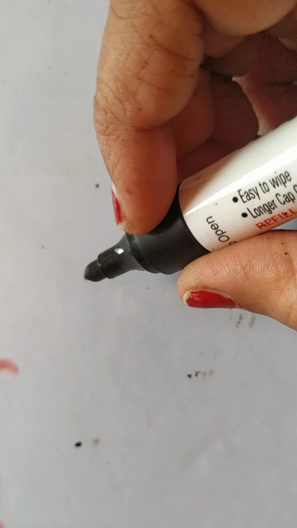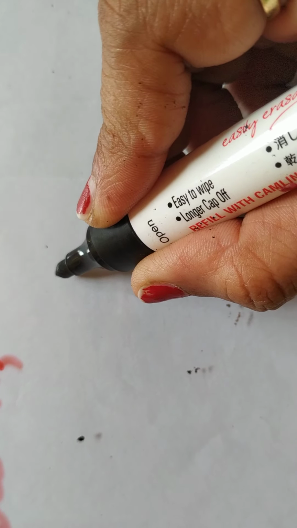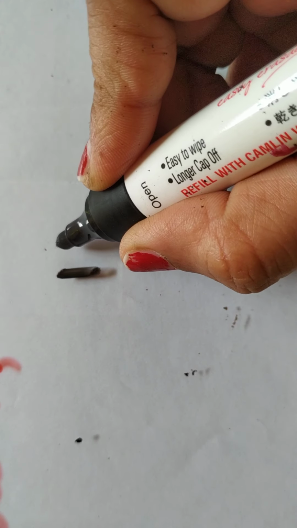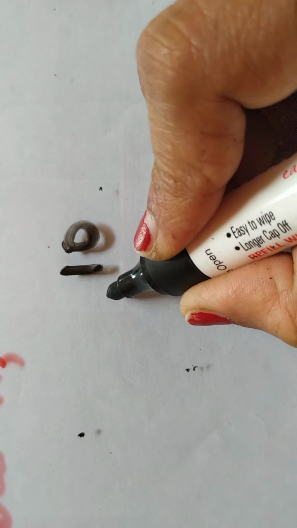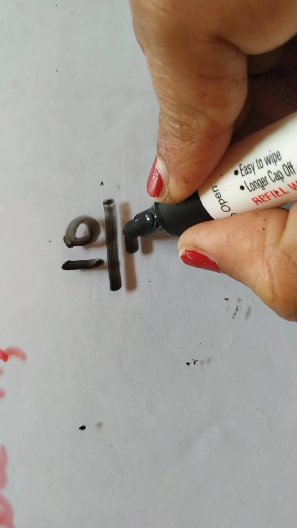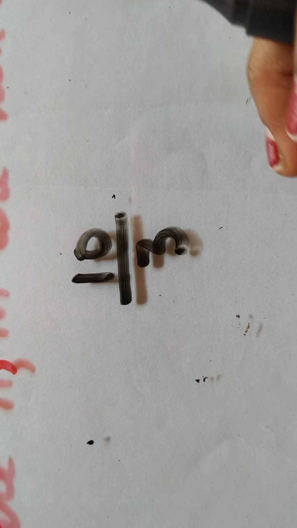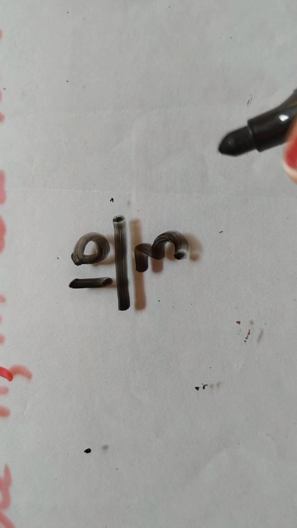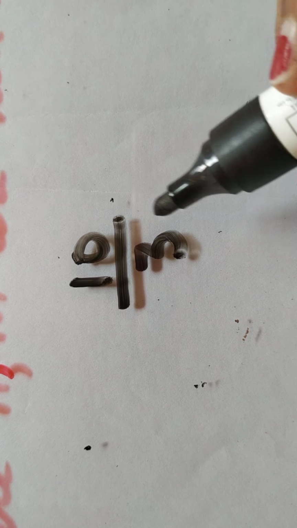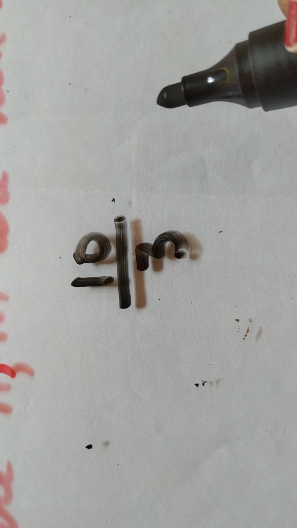Now let us see an example. We take 10 by 3. Now 3 is not in the form of 2 to the power n or 5 to the power m, but it is a rational number. We can write it in the form of p by q. Now let us see, we can also write it as 3.3333.